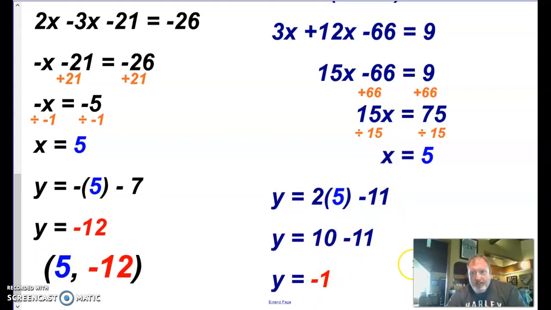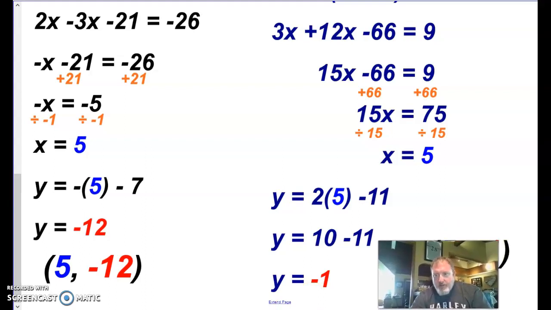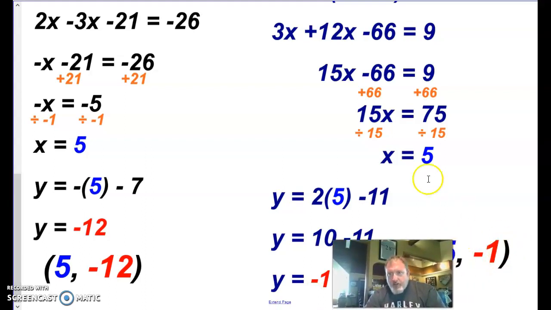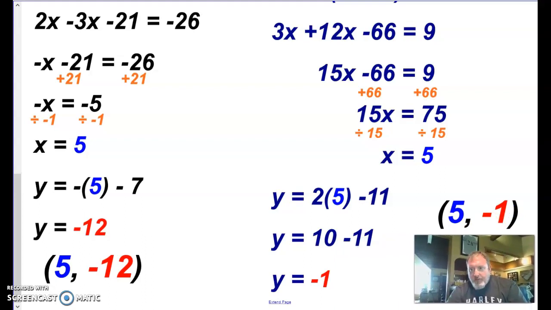And again, your last step, what you don't want to forget, make sure that you write that ordered pair as a solution. Sorry about that. There we go. So write your ordered pair as a solution as your final step. Alright, so that'll conclude page 1. Let's go ahead and take a look at page 2.